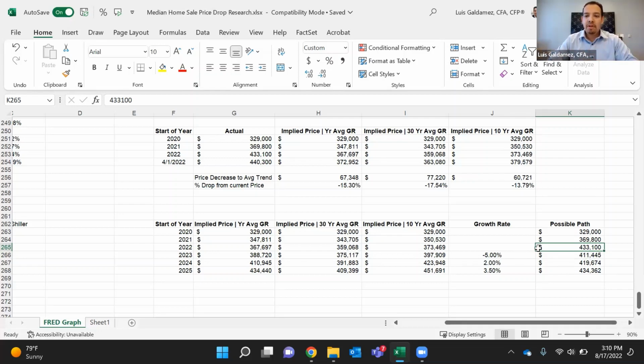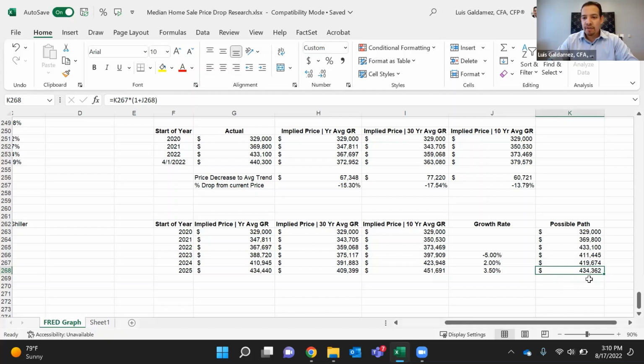That means the median home price would drop to 411,445. What if we then grew 2% in 2024? We would be at 419,600. And what if we grew in 2025, or at least get to the start of 2025 at 3.5%, then we'd be at 434,000.